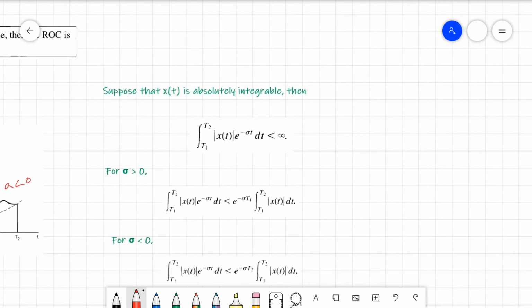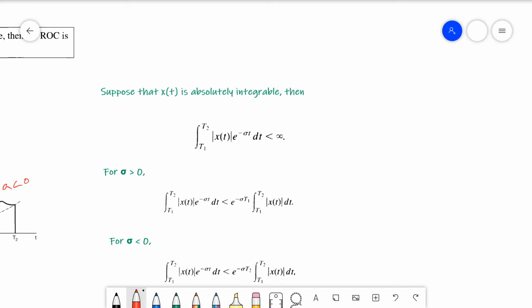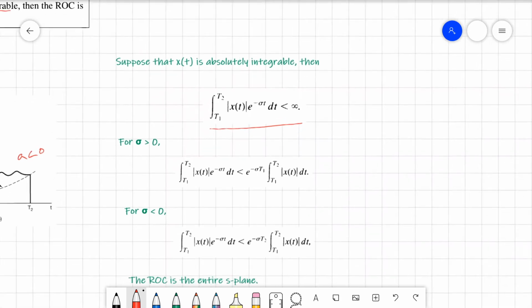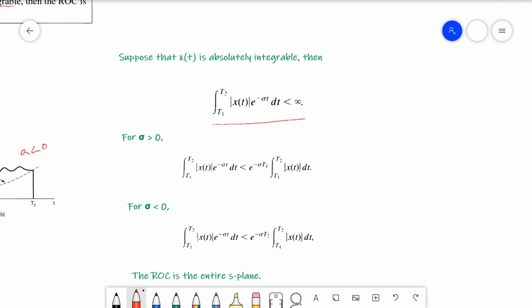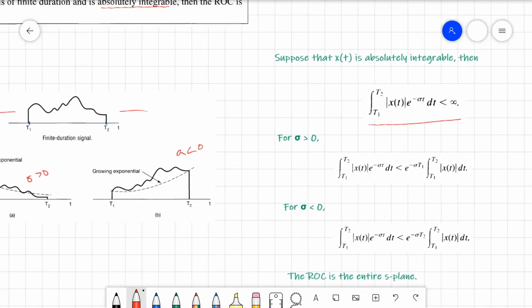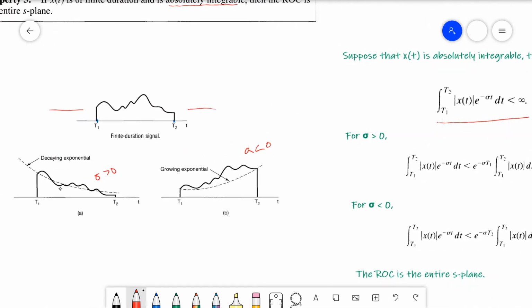Mathematically we can prove this as follows. If X of t is absolutely integrable, that means this integration is converging to a finite value. Then let's suppose we take sigma positive. We can see from here that the maximum value this product can get is at time t1.